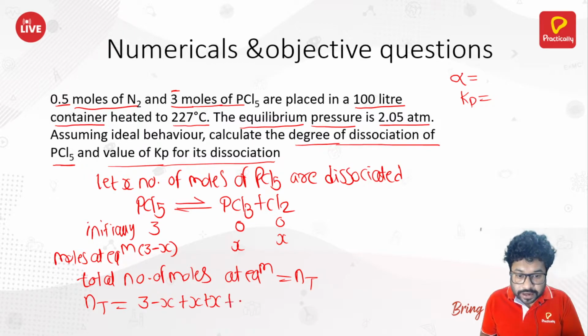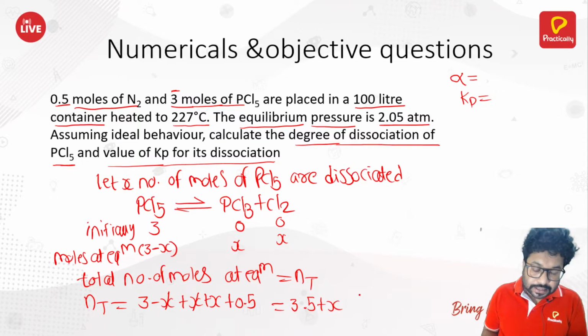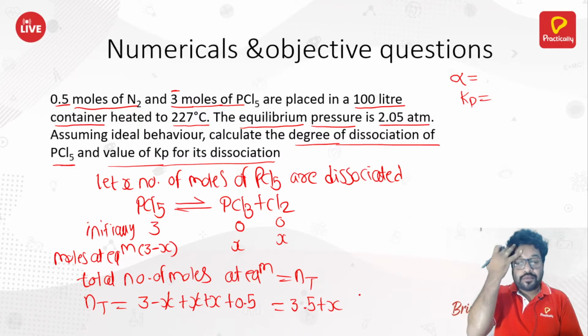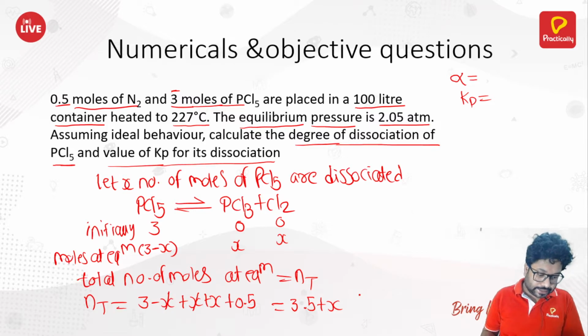So that is 0.5. Minus x plus x get cancelled. You get 3 plus x plus 0.5, which is equal to 3.5 plus x. That is the total number of moles in this case.